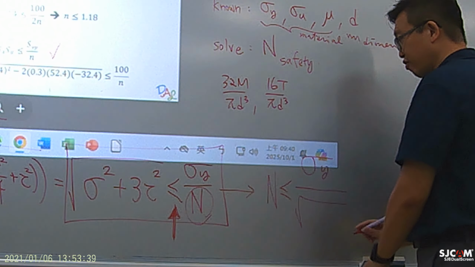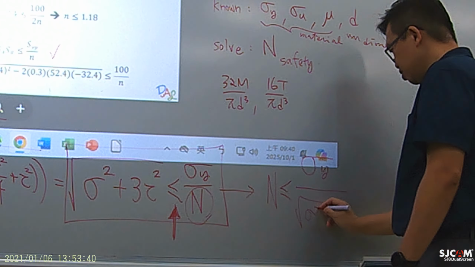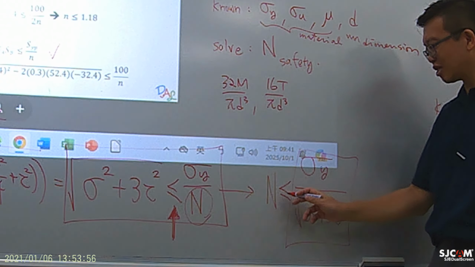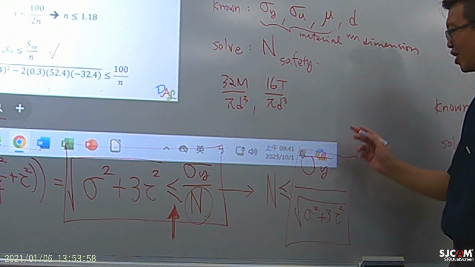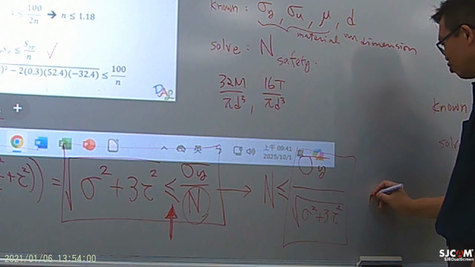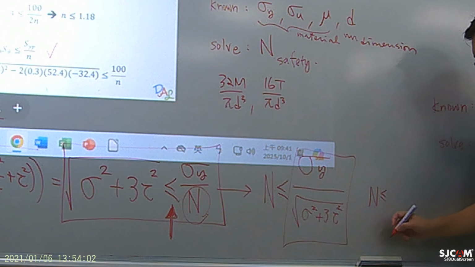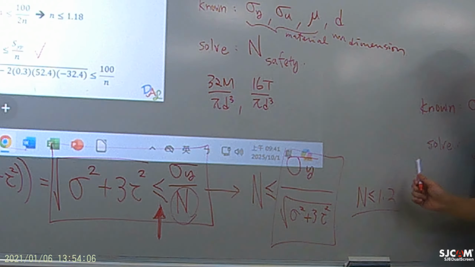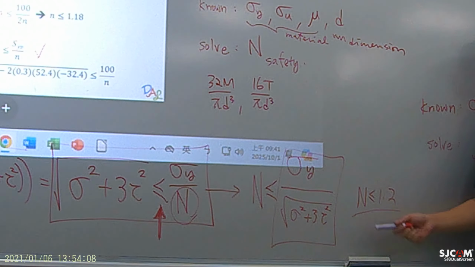I just write down something. So you can say the maximum safety level this material will have equals a certain number, because at the end you have n smaller than a certain number. So let's say your solution gives you something like 1.2. Then you can say, okay, the maximum safety level is 1.2.